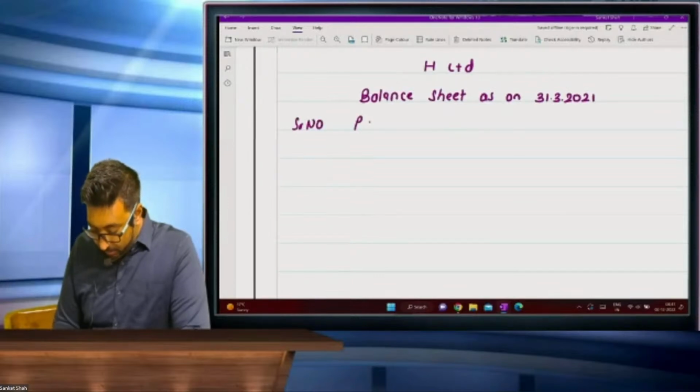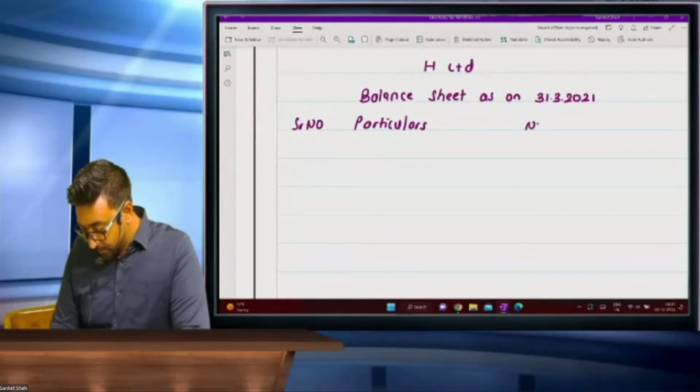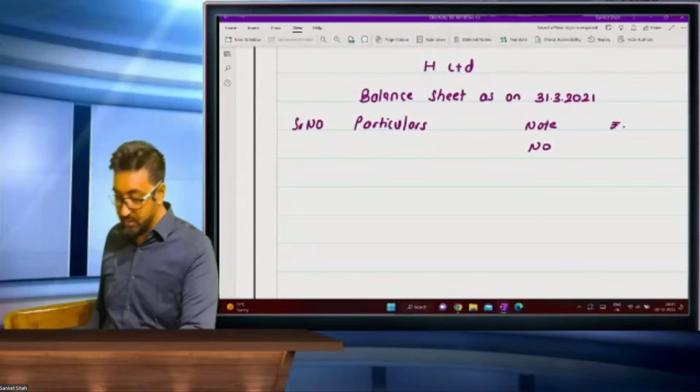Serial number, particulars, note number, rupees.